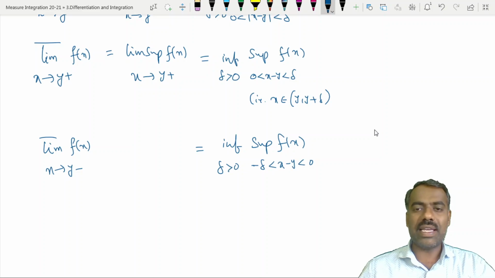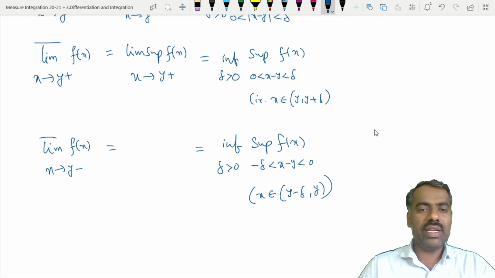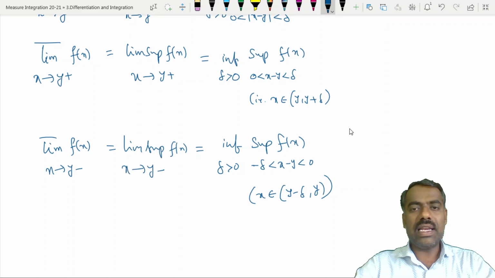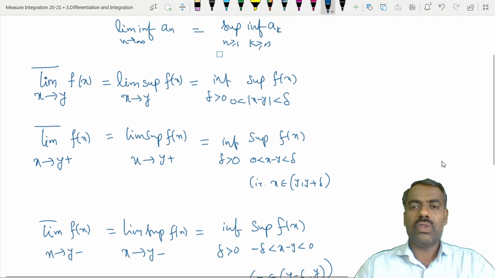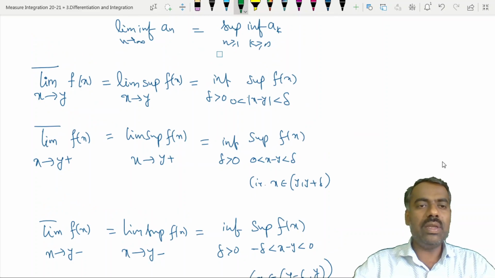This is the same as saying that x is in the interval y minus delta to y, right? So if you want, you write it as lim sup of f of x as x tending to y minus. Similarly, we can define in the same way the lower limit, or lim inf.